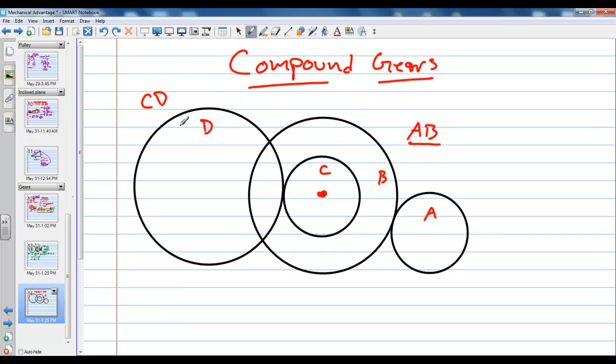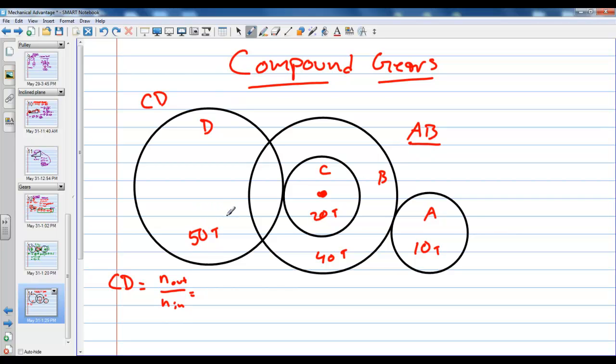Okay, so if we've got this guy at 10 teeth and this one is at 40 teeth, C is at 20 teeth and D is at 50 teeth. Now before we could cross out these middle ones, but the problem here is we've got two simple gear trains that work together. So we're going to be looking at something a little bit different. So gear ratio, we're going to look at the gear ratio of C and D, and we have the number of teeth out over number of teeth in.